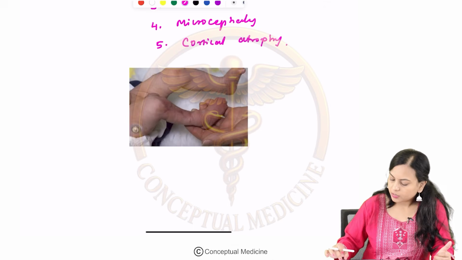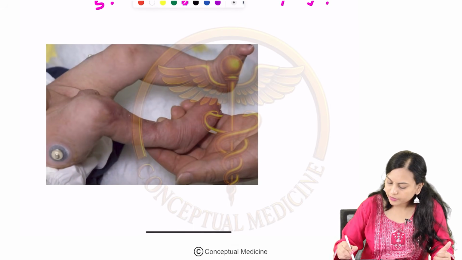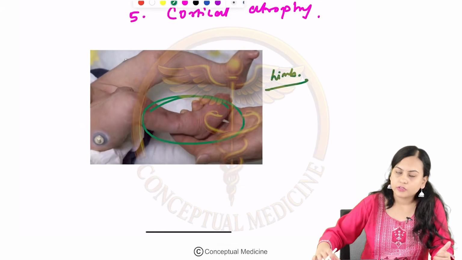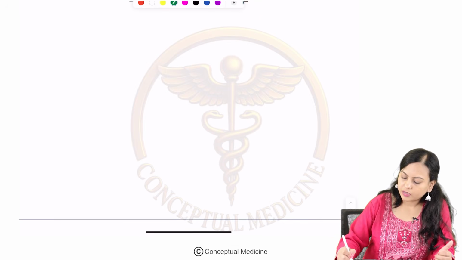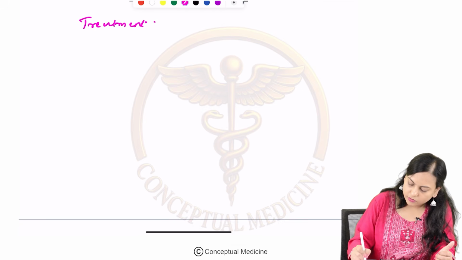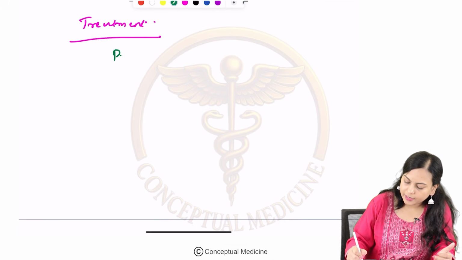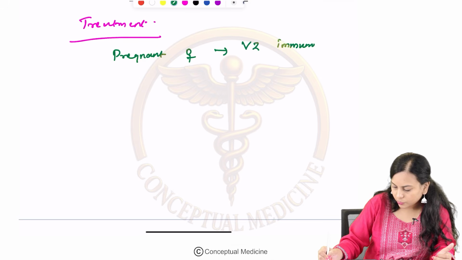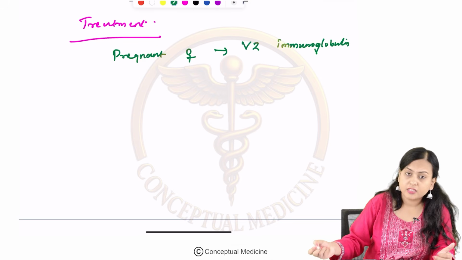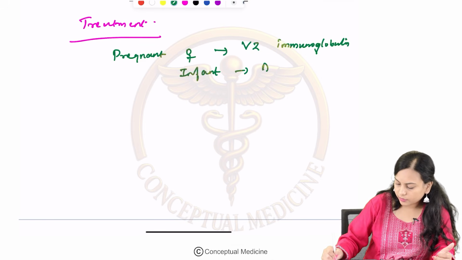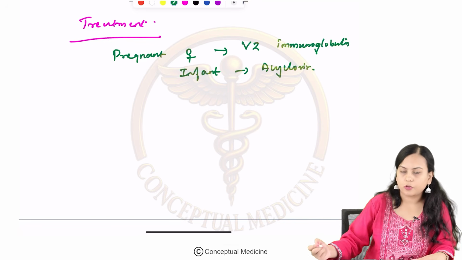Clear? So this is a picture where you are able to see the limb contractures in zoster infection. Now we'll see about the treatment. So the treatment for the pregnant female includes Varicella-zoster immunoglobulin, and for the infant you have to treat them with acyclovir.